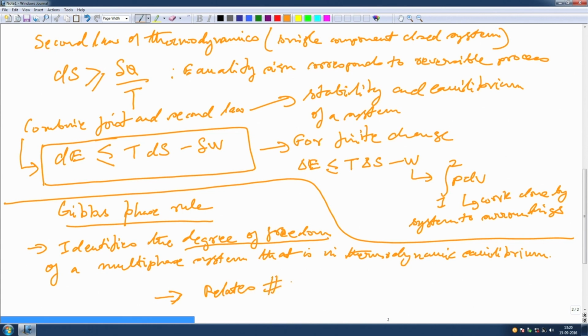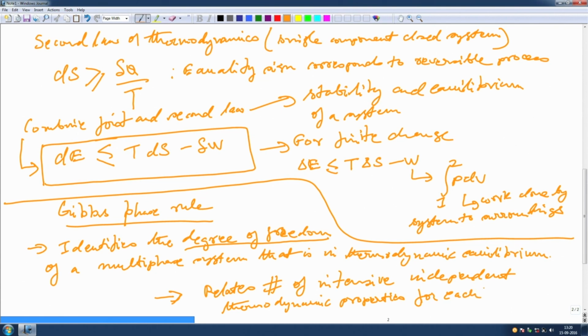And what it also tries to do is that it relates the number of intensive independent thermodynamic properties for each phase and the number of phases of a system.